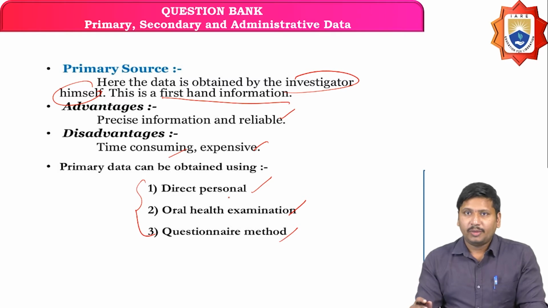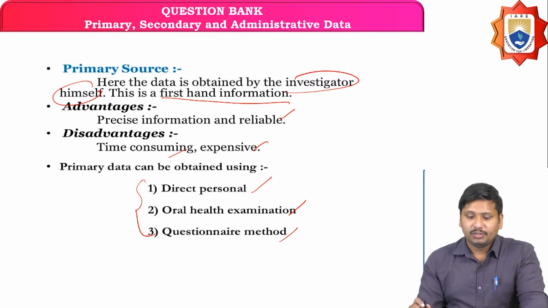These are the ways we obtain primary data, right? So primary data is the first-hand information, precise and reliable, but time consuming and expensive also.